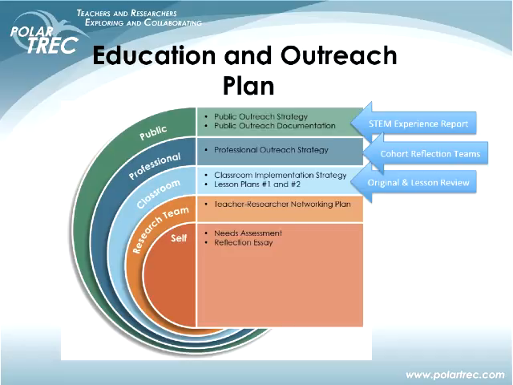The cohort reflection teams is a piece where we're going to have groups of you able to reflect on what my professional outreach and other pieces have looked like. So we're adding that in. And the public outreach and documentation is very similar. How are we reaching the general public with the work that you're doing? So an outreach strategy ahead of time and then afterwards.